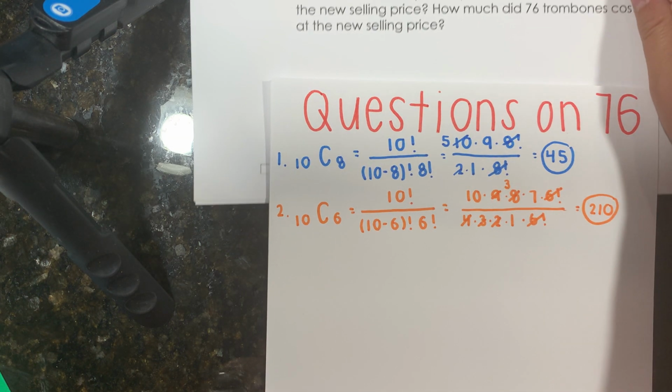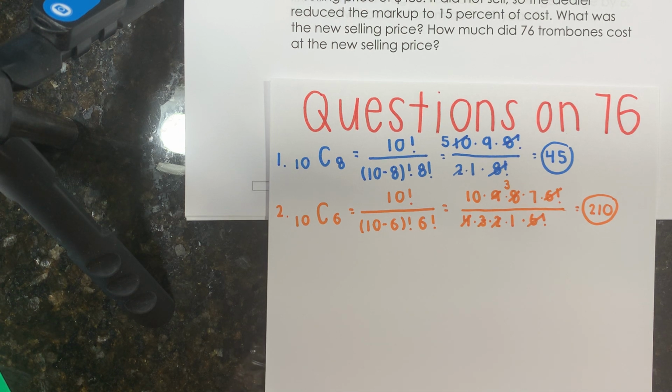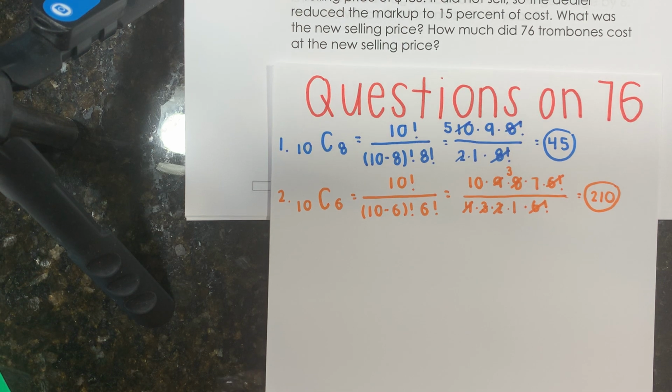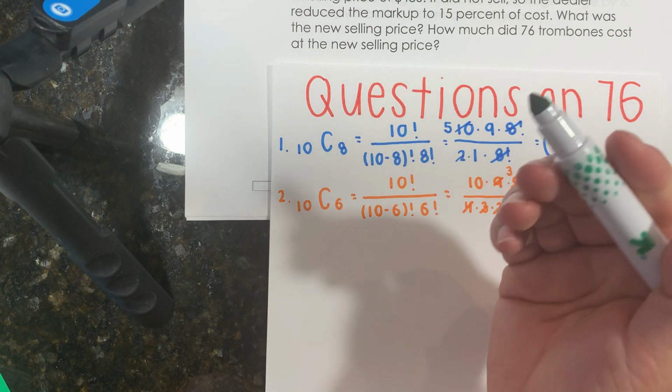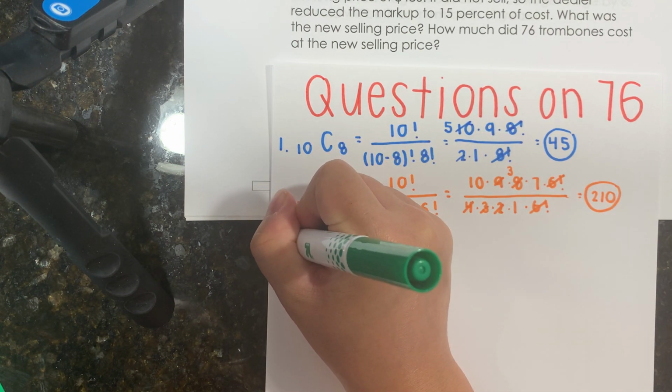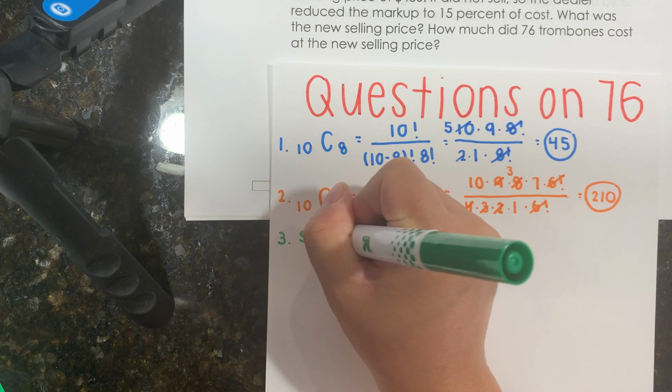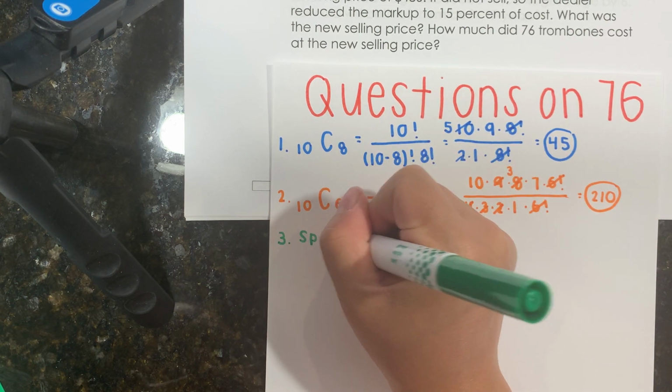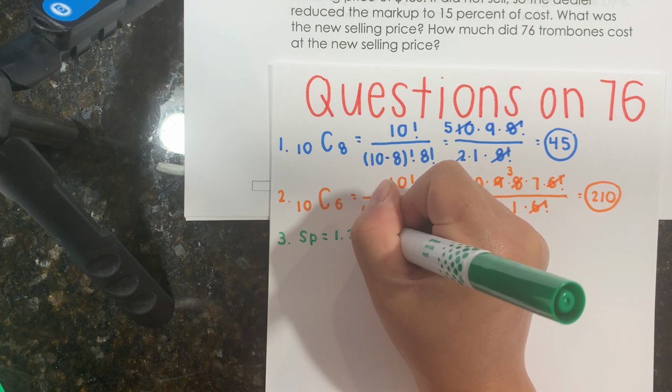Now moving on to number 3, the trombone was marked up 20% of the cost to set a selling price of $480. It did not sell, so the dealer reduced the markup to 15% of the cost. What was the new selling price? How much did 76 trombones cost at the new selling price? So 20% of the cost to sell, so the selling price would be equal to 120% of the cost.